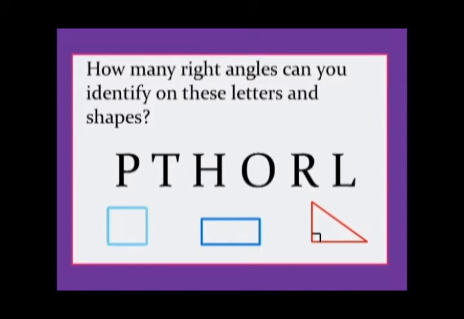Let's look at the shapes. How many right angles do you think are on these shapes? On the green shape, that is a square. How many right angles do you think is within the square? What about the triangle? I hope you'll discuss this with your teacher and classmates.